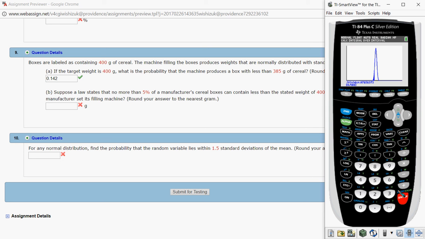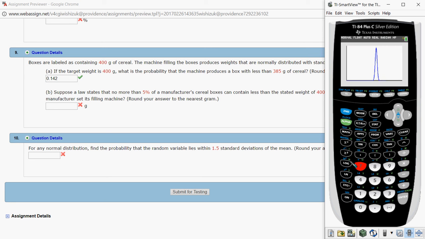So let's try 425 or something like that. Then let's do it again: second calc, number 7, from 0 to 400.